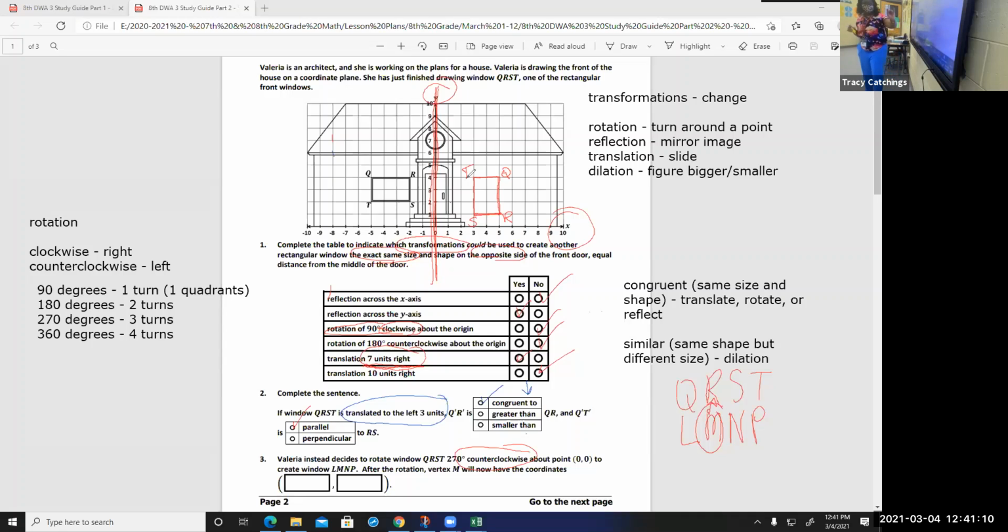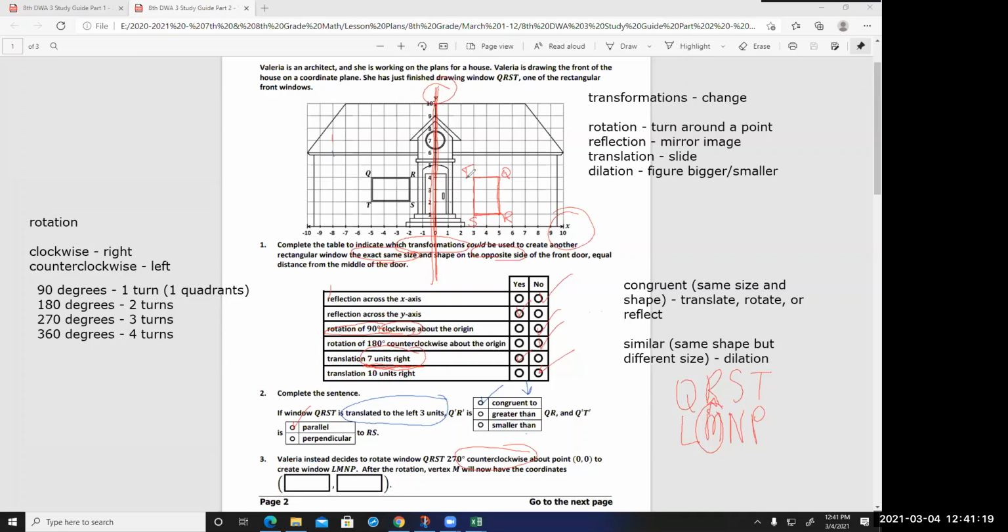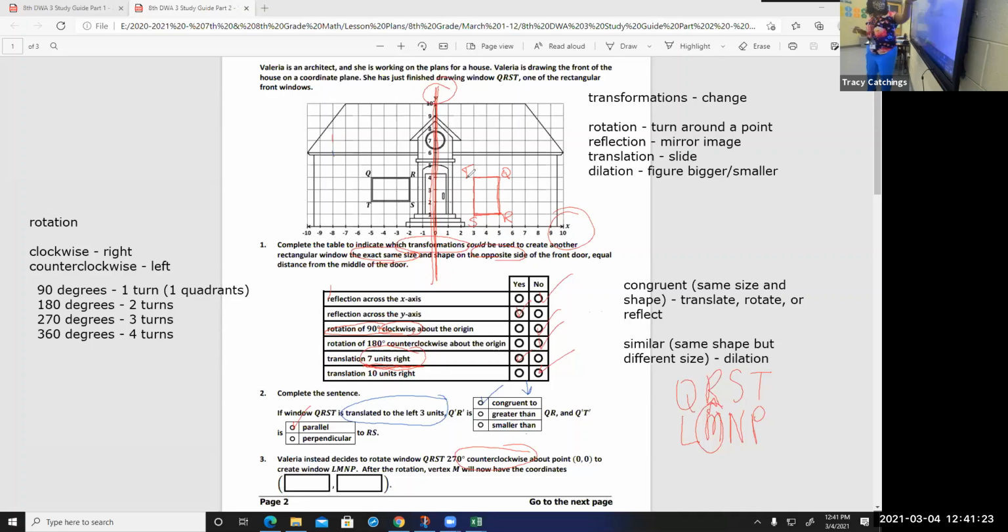All right, and we said M will correspond to what letter? And where is R, the new R, located? The new one. 5, what does it look like? About 5, 1? Rotation is the only one that confuses me, so I always have me a little sticky to do my little rotations.